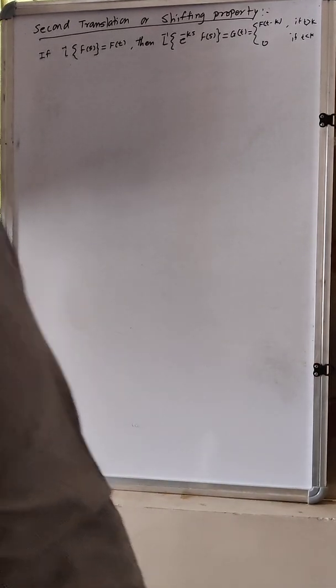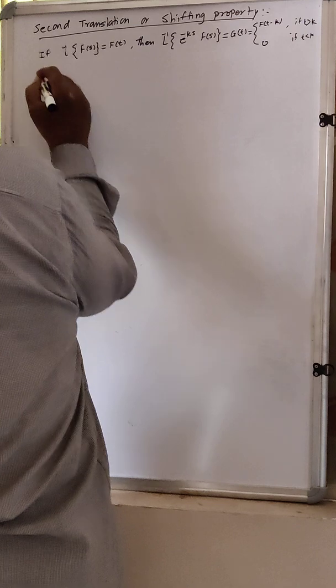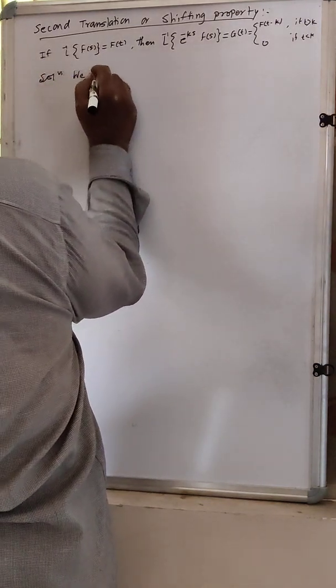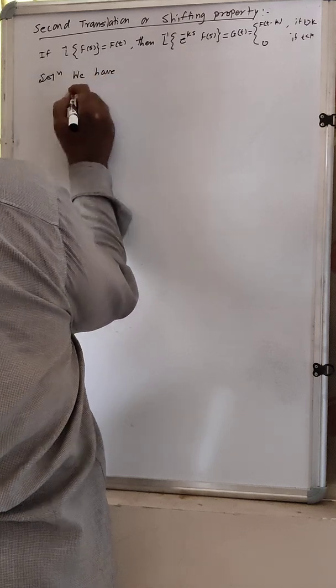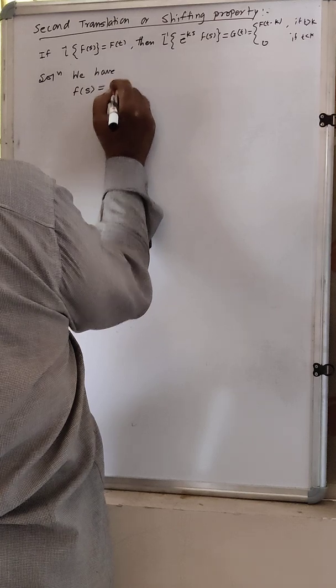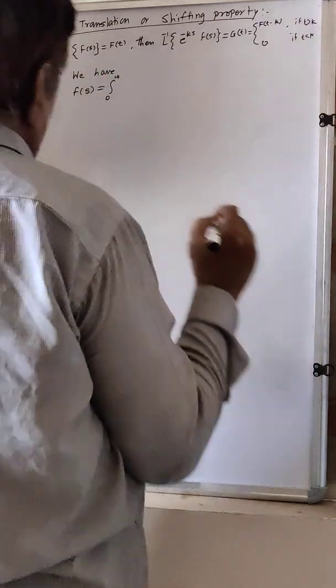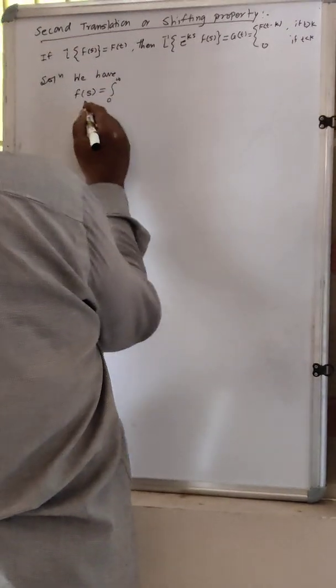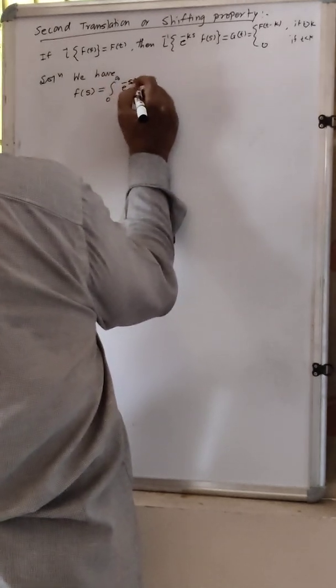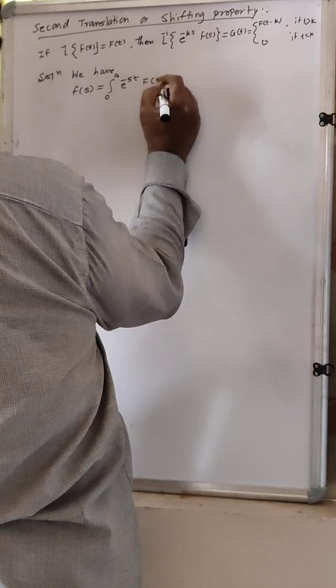We have F(s) is equal to, by definition of Laplace transform, Laplace of f(t) is equal to F(s), the integral from 0 to infinity of e raised to minus st f(t) dt.